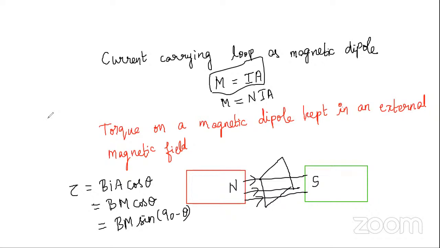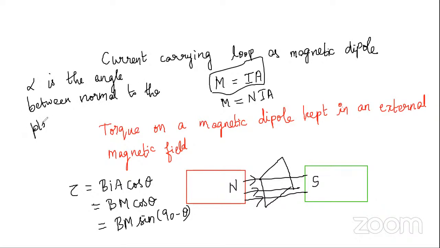Here theta is the angle between this coil and magnetic field, and alpha is the angle between the normal to the plane of the loop and the magnetic field.